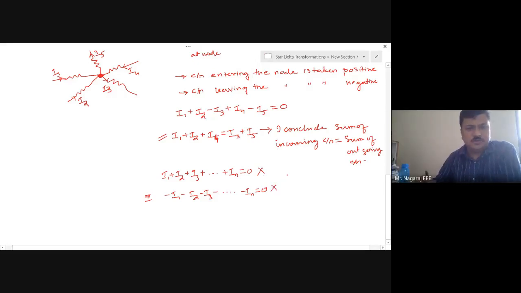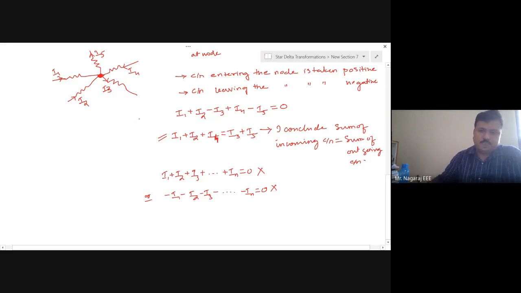One thing you should always remember: the minus sign for current or voltage is always the direction. Minus I1 means that the current is opposite to the assumed positive direction. The magnitude of the current cannot be negative. It is only the minus sign which tells us the direction of that current in a particular element.